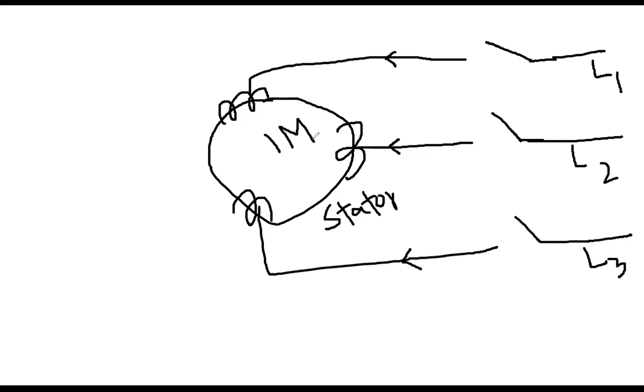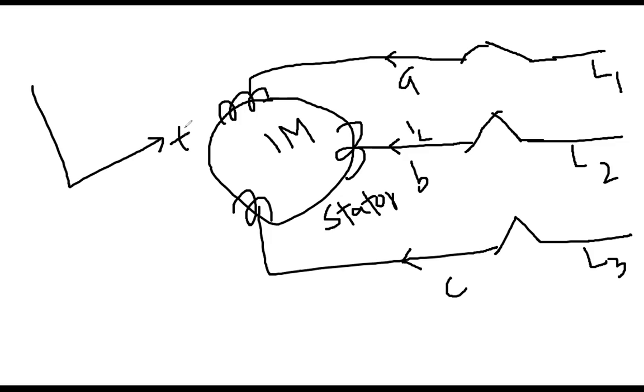So this is your induction motor. You want to run it, so first you need to power the motor. This is your three-phase system, A phase, B phase, C phase. Then you connect it, you energize it, of course with all 3 switches at a time. If you do that, then the stator current, the initial current, might go to a very high value.